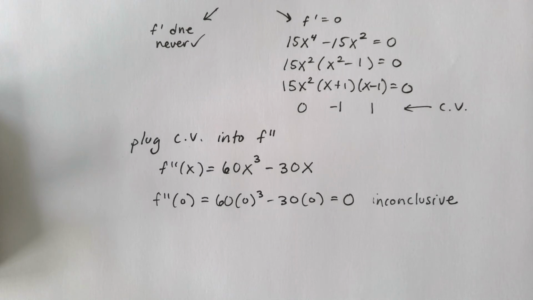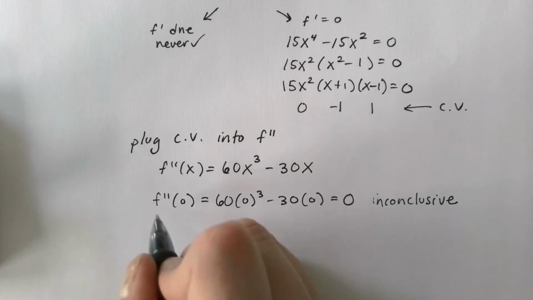So we don't know that it's a max or min. And if you remember, we actually did this problem exactly in the first derivative test section. And what we got was that 0 was not a max or min point because the first derivative didn't change sign. But here we'll just say inconclusive.